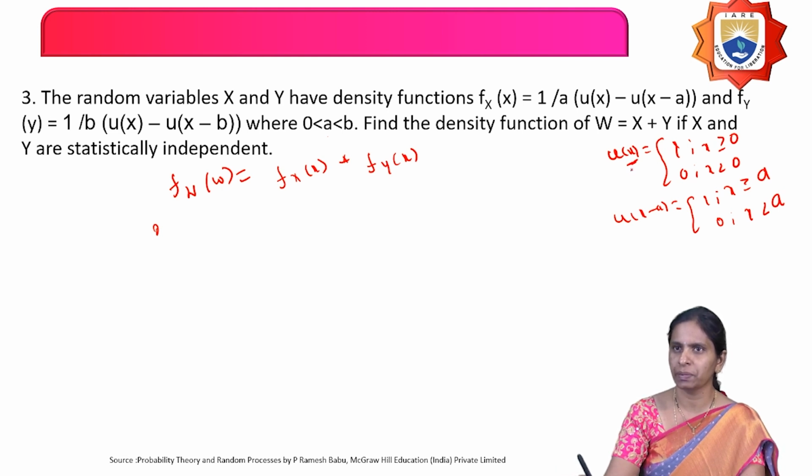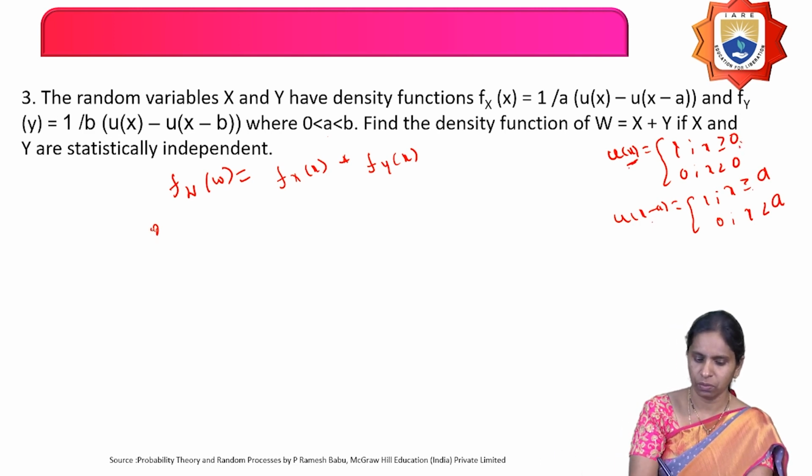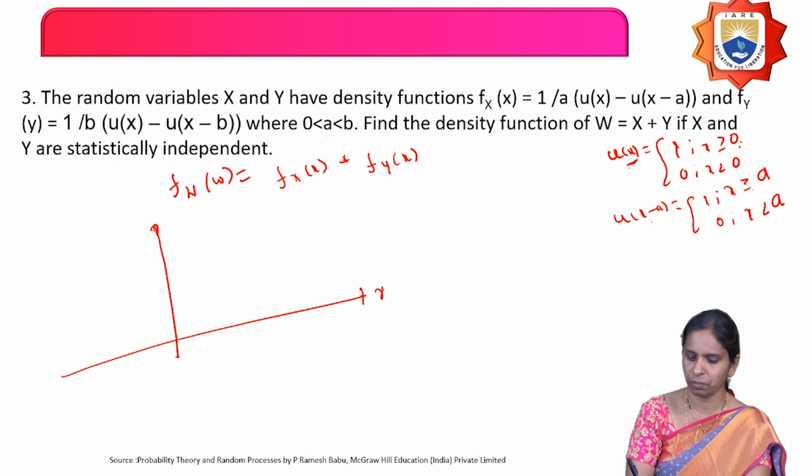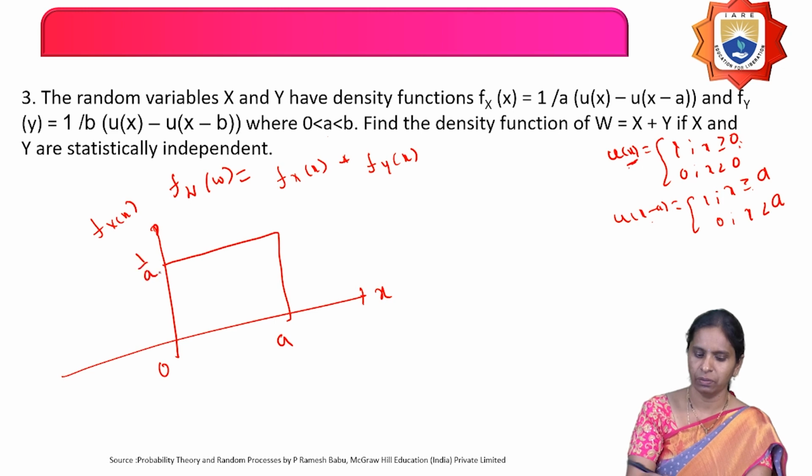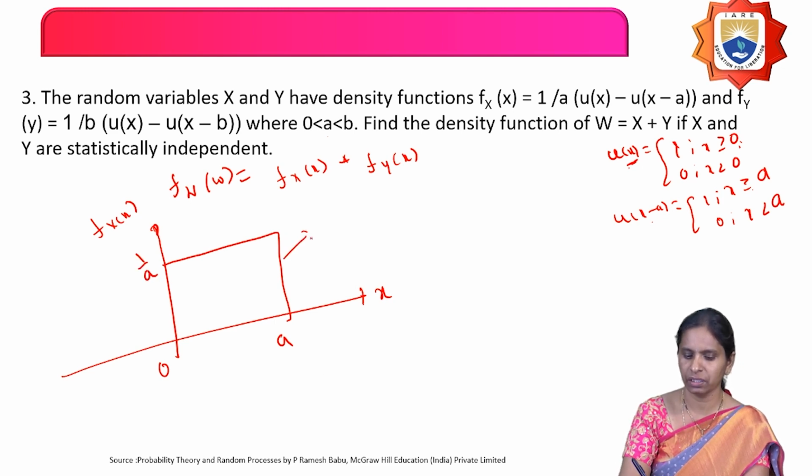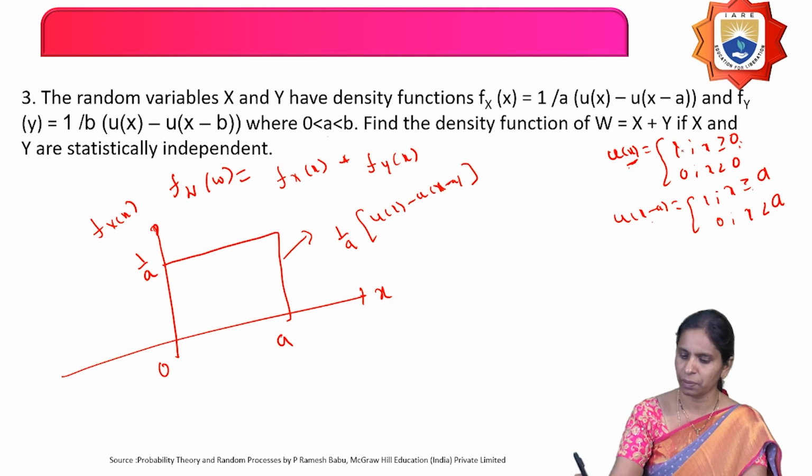Now, you have to subtract these two, u of x minus u of x minus a. Then what is the common value from 0 to a? Therefore, f_X of x is nothing but the function 1 by a into u of x minus u of x minus a.